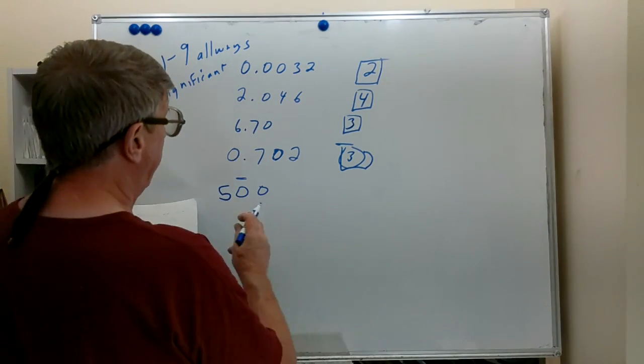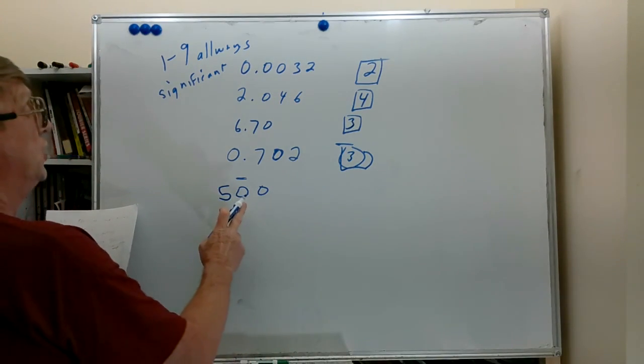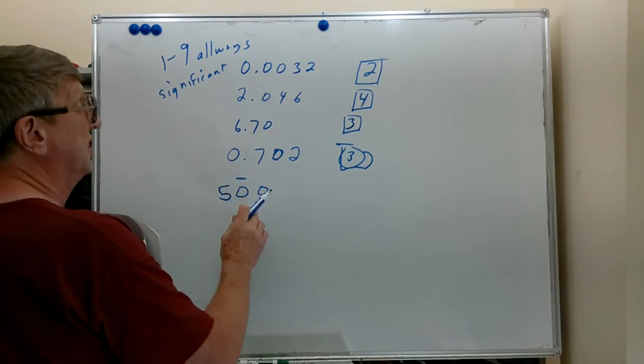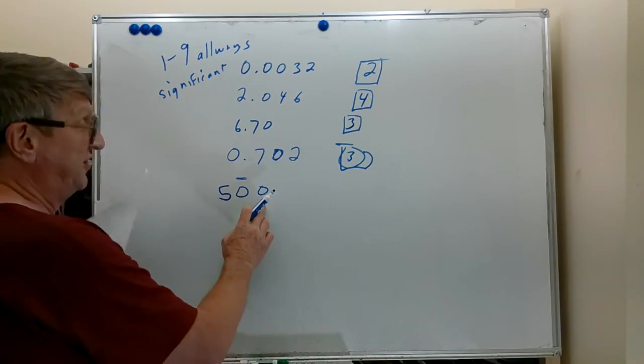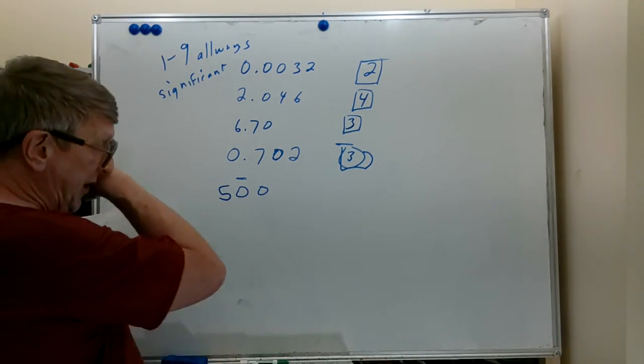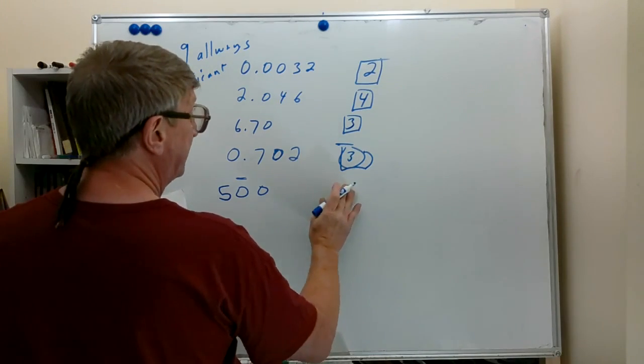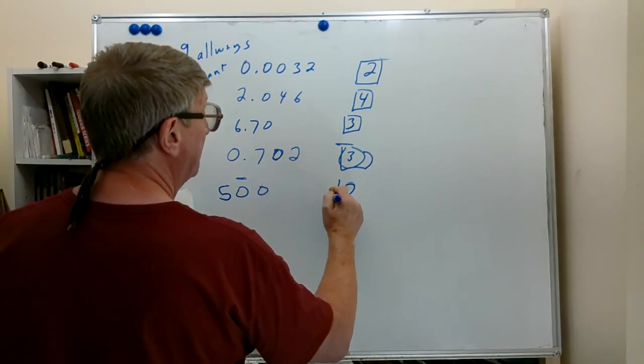So basically, we have the 5 that's always significant. We have the 0, which is sometimes significant, and this bar indicates that it is. The 0 here, at the rightmost edge of a whole number, is not significant. So that's going to be 2 significant figures in that number.